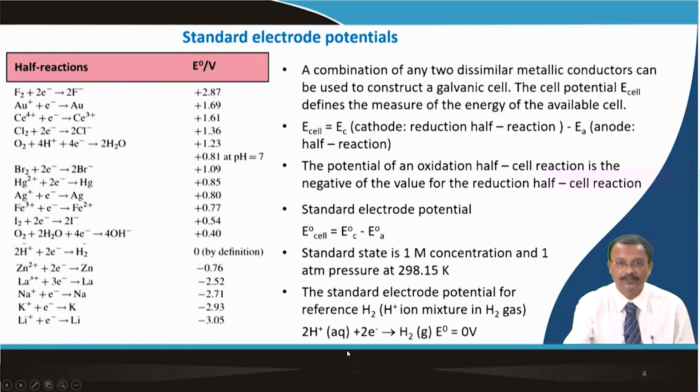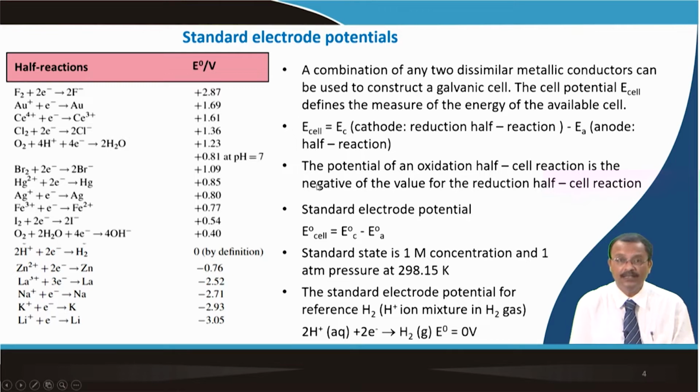As I have illustrated in this table, you can see that everything is basically a reduction reaction. So, the hydrogen is termed as 0 potential, and then you have certain material which is very strongly reduced, and certain electropositive material which is very easy to get oxidized.